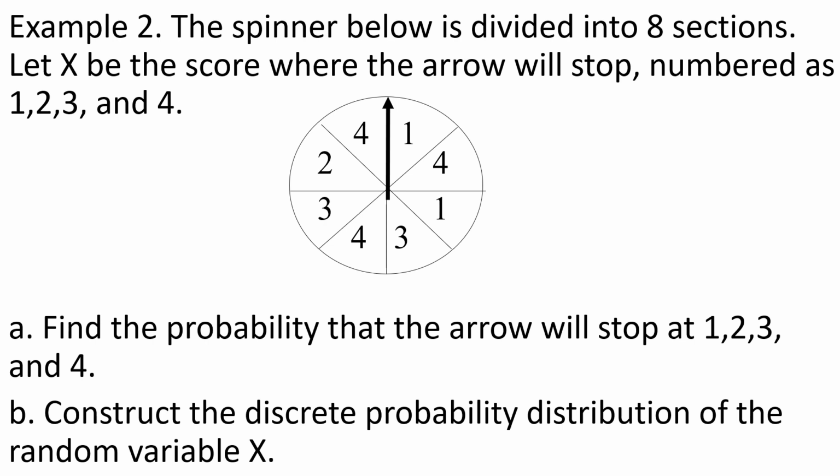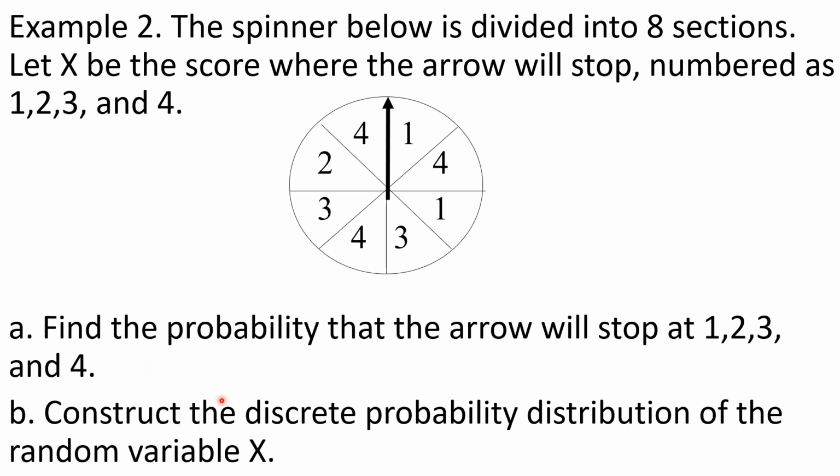Example 2. The spinner below is divided into 8 sections. Let x be the score where the arrow will stop, numbered as 1, 2, 3, and 4. Letter A. Find the probability that the arrow will stop at 1, 2, 3, and 4.